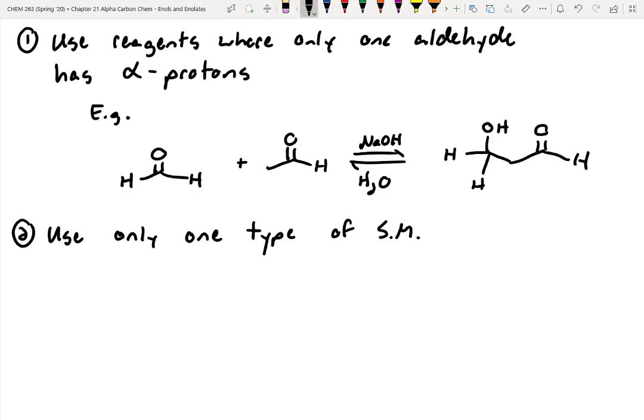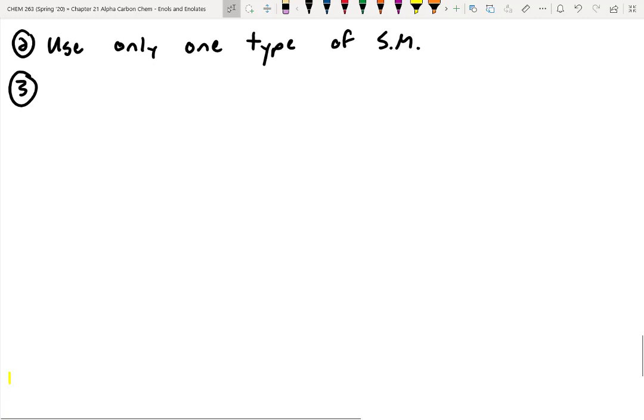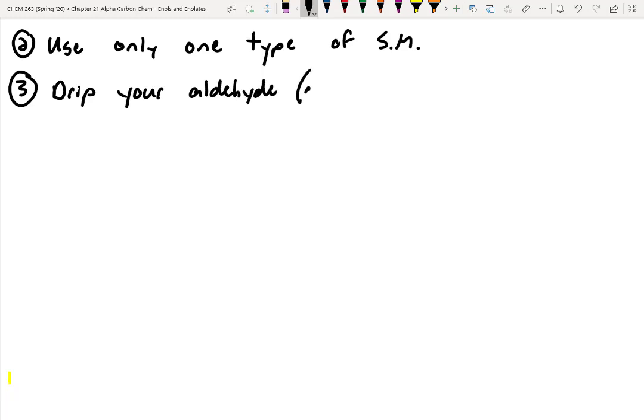All right, the third one I think is the coolest, and this one's going to be a bit different. It involves multiple steps. The first step is you want to drip your aldehyde or ketone into LDA.